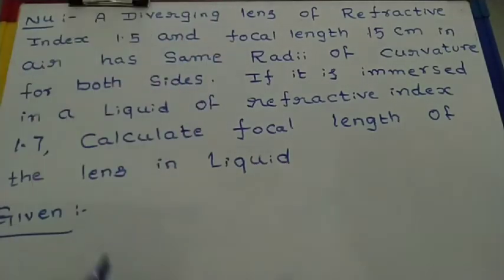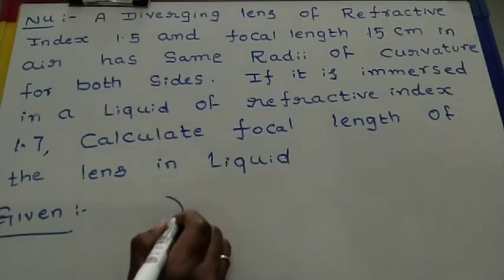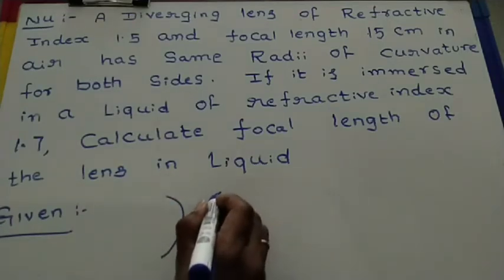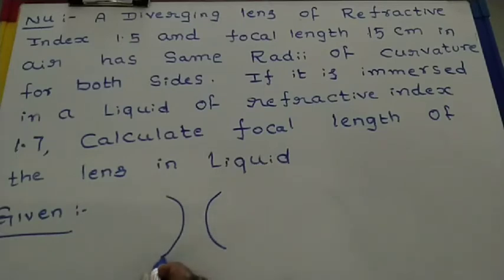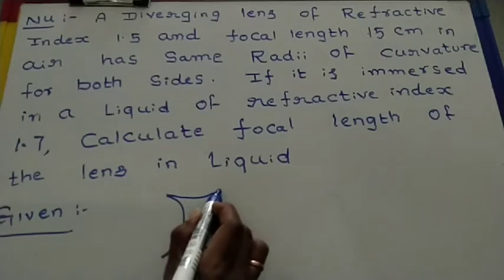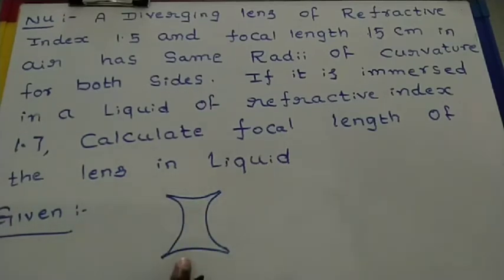A diverging lens. What is the diverging lens? This is called a diverging lens, which we also call a concave lens.